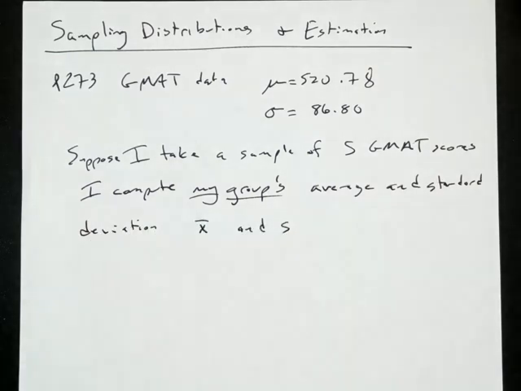Now, here's where we're using the different symbols. X bar is my sample average. Mu is my population average. S is my sample standard deviation. Sigma is my population standard deviation.